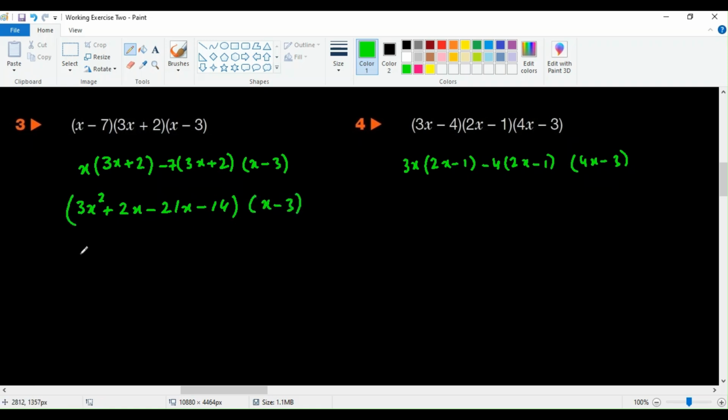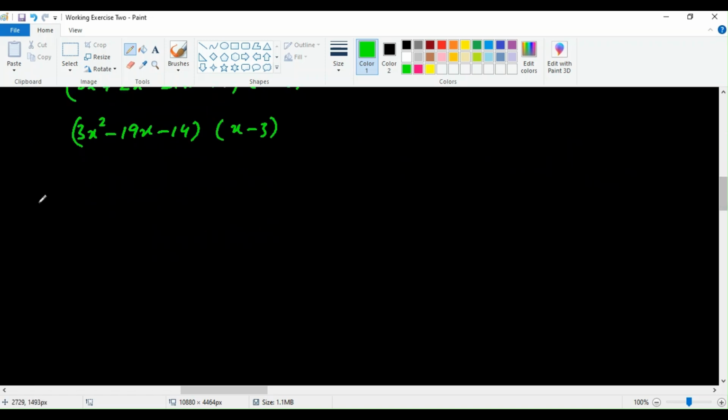Before that, we simplify the first bracket, 3x squared, and 21 minus 2 is going to give us a negative 19x and minus 14. This is going to be multiplied by x minus 3. That's the reason we are going to write this two different times, 3x squared minus 19x minus 14.